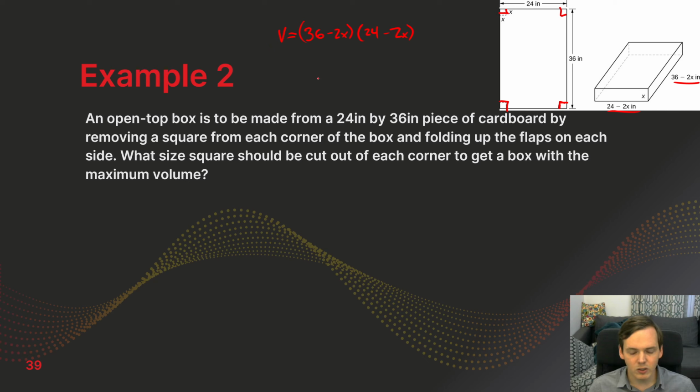It's already in terms of one variable, x, so we can jump straight into finding the derivative. I've done this before, so I'm just going to write that down to save us some time. I'll expand it out for you, and then you can double check it. We get 4x cubed minus 120x squared plus 864x.